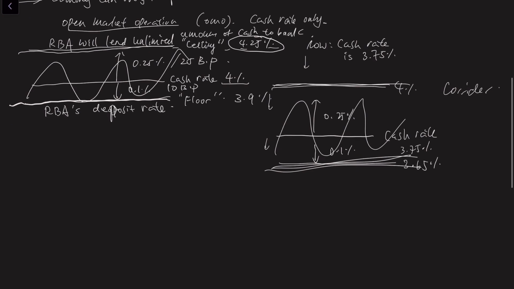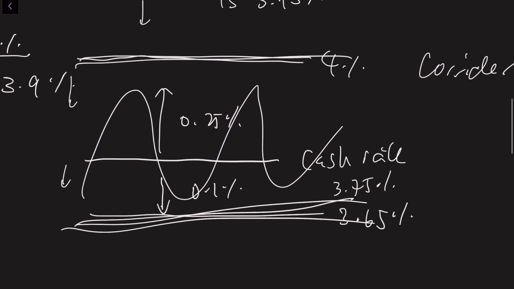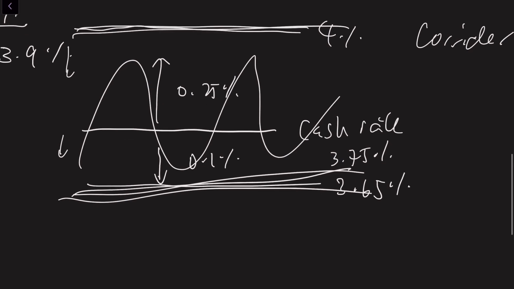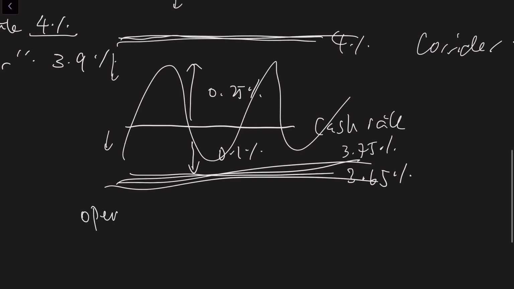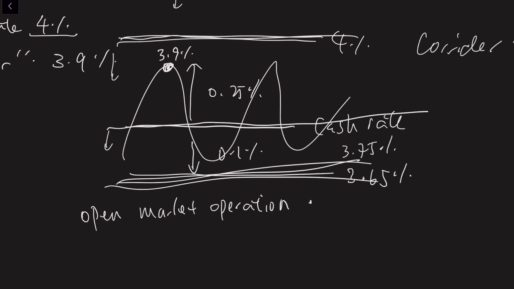But maybe the Reserve Bank wants to make the cash rate precisely 3.75%. So it doesn't like this fluctuation. And then it uses open market operations. So suppose the interest rate is at 3.9% now, which is above the target.